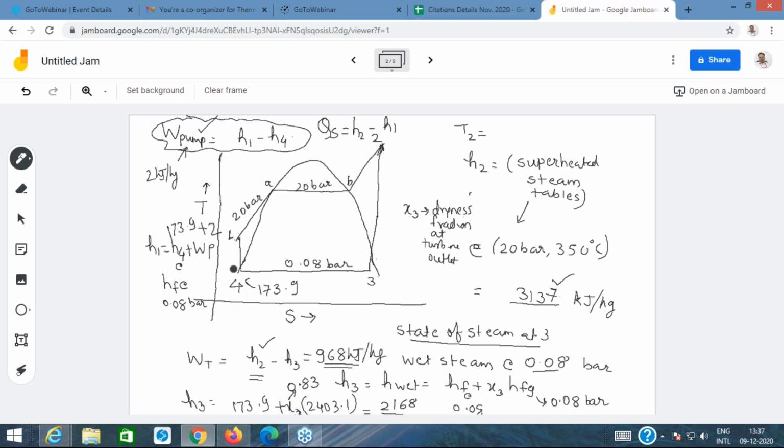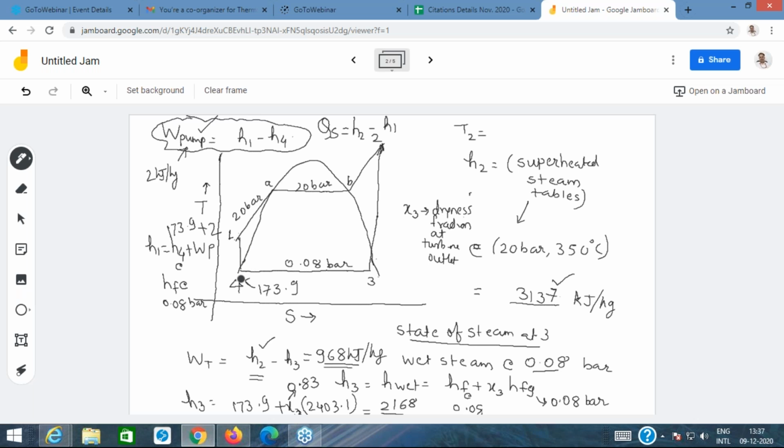So you can take Vf as 0.001 and multiply it with the pressure difference, that is the boiler pressure minus the condenser pressure. Mind well that when you multiply with the pressure difference, convert bar to kilopascals if you want the answers in kilojoules. So 20 bar minus 0.08 bar, into 100, into specific volume would give you the pump work.